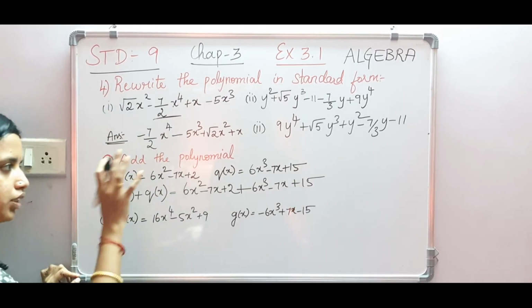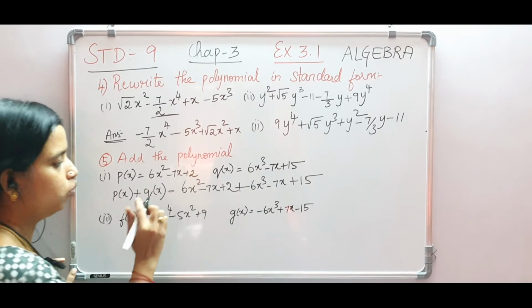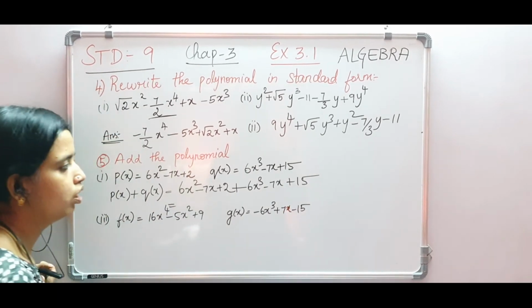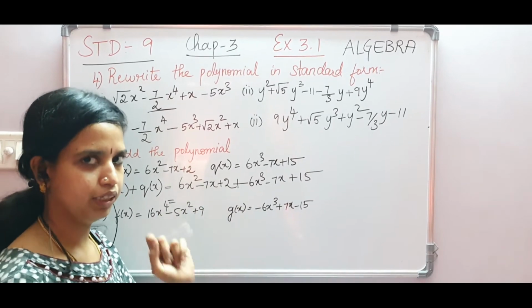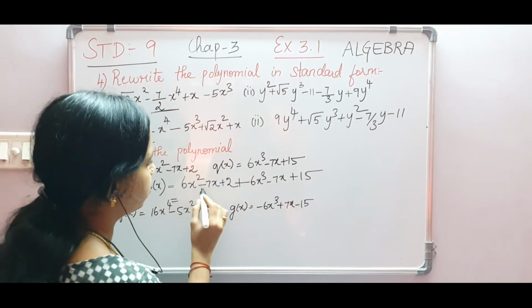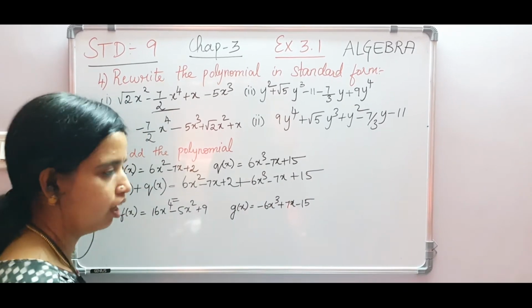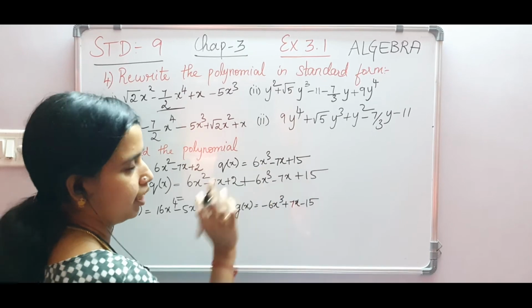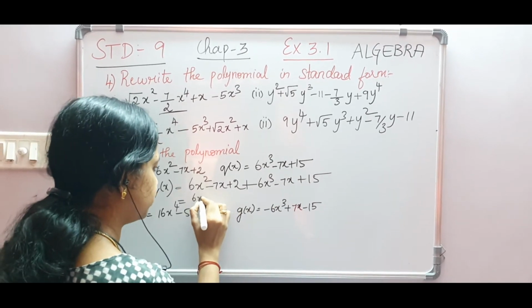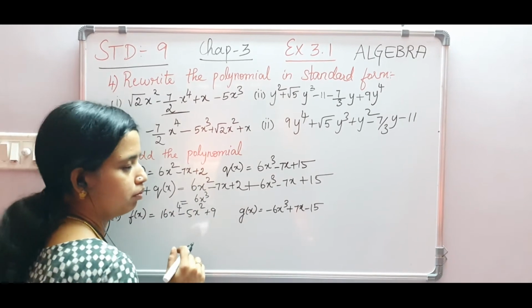First step, you just substitute p of x and q of x as they are. Now you are going to look for the like terms. Like terms means same terms. First, what is the highest order in this polynomial? 3 is your highest degree, right? So start from there. One term has degree 3, so just write it as it is. Next, what term will it be? Degree is 2.